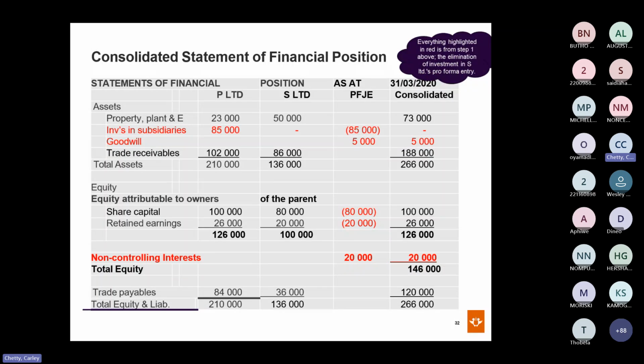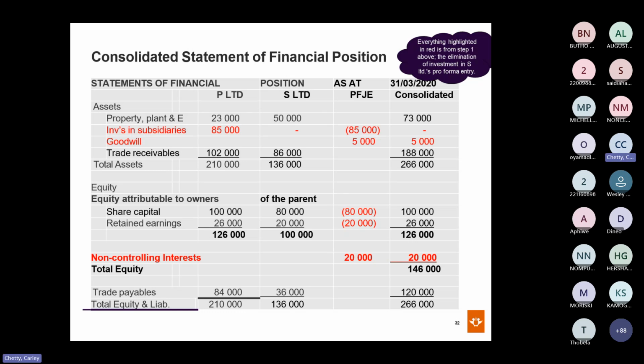So trade receivables, P has 102,000 Rand worth of trade receivables. S has 86,000 worth of trade receivables. So we're going to say 102,000 plus 86,000. This will give us 188,000 Rand. This is the total consolidated trade receivables.